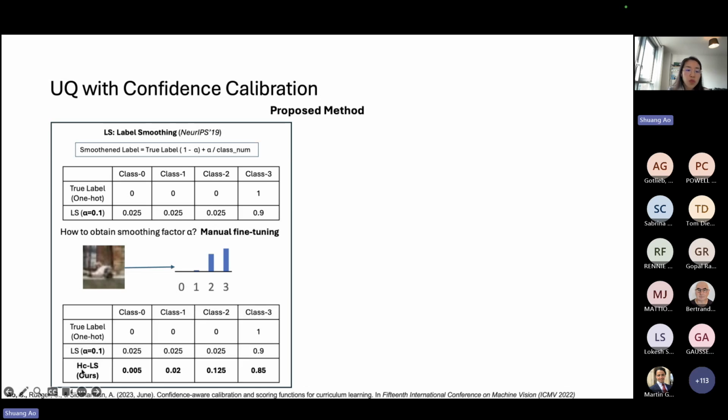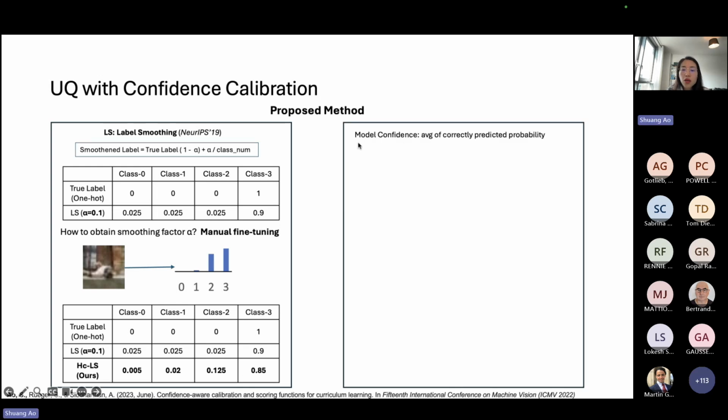So we propose human confidence label smoothing, which means that we integrate the human confidence into the label, to make it more like the way that we think, instead of this equally distributed way. In our way, we make the true label look like this, which can make the model learn better and be more like the human mindset. Here this is the human confidence, and we also have the model confidence, which is the predicted probability.